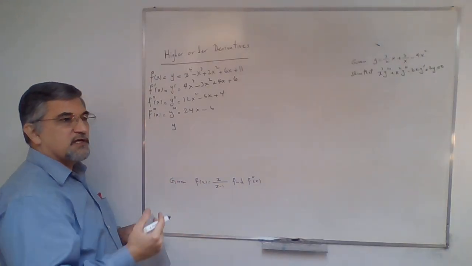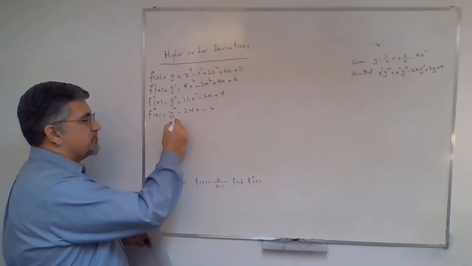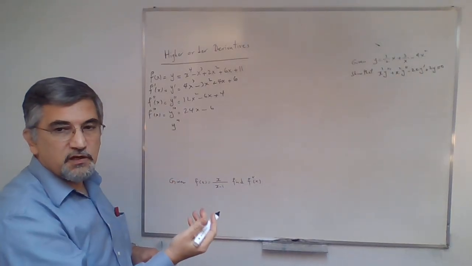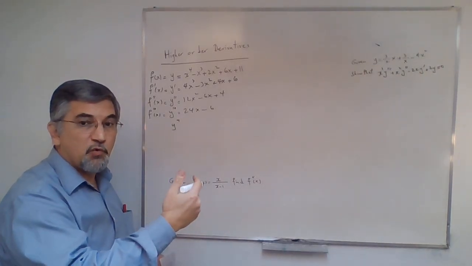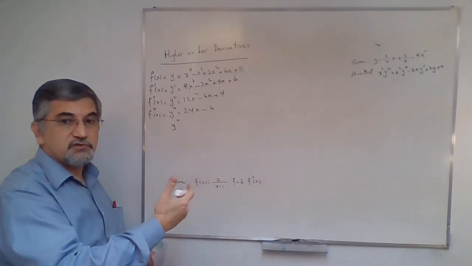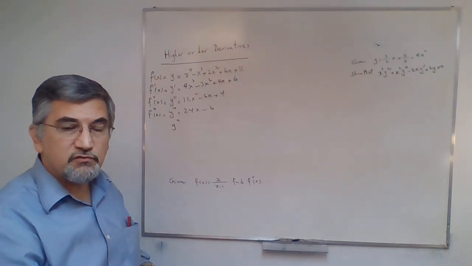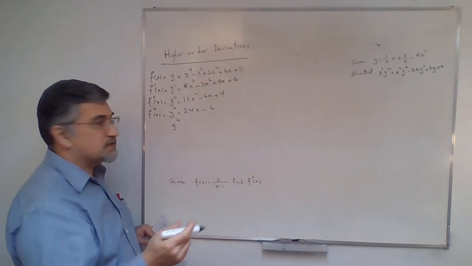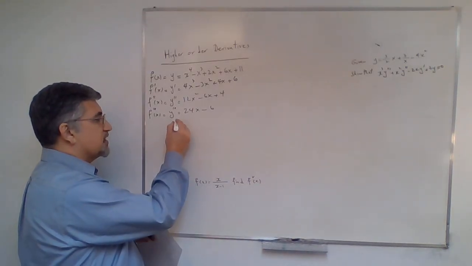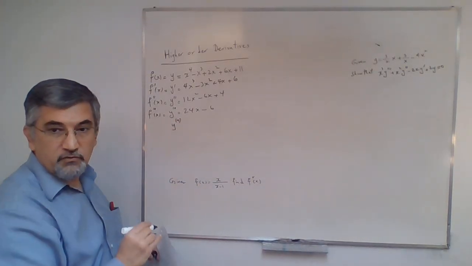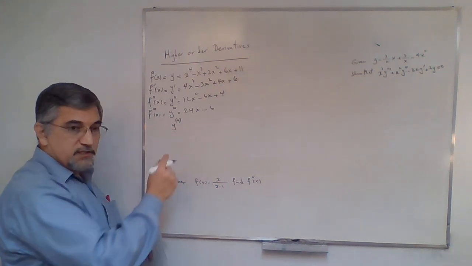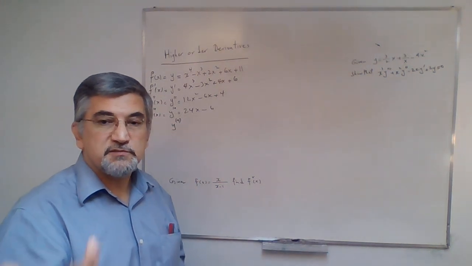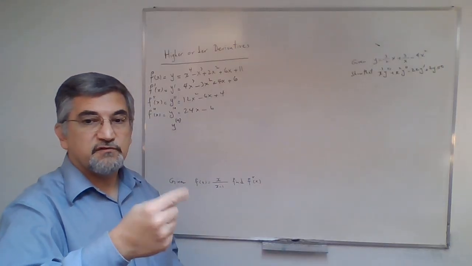But the thing is that when they put the 4, people said, okay, so how would you distinguish between y raised to the exponent of 4 and the fourth derivative of the function y? It was a valid point. Therefore, mathematicians said we are going to put these inside brackets. So when you see that the exponent has brackets around it, it doesn't mean exponent. It means the fourth derivative of the function.